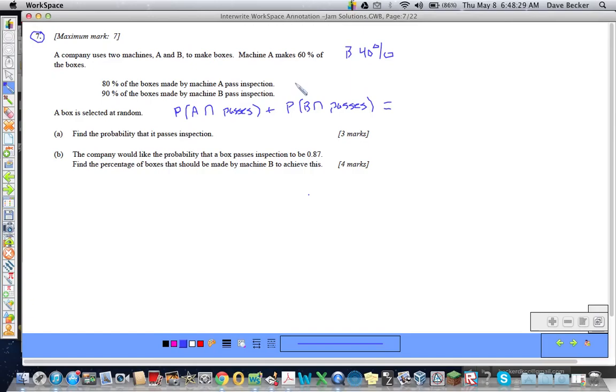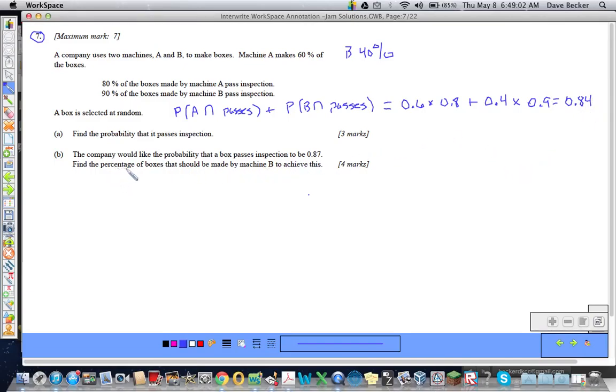A makes 60% of the boxes and 80% pass, so that would be 0.6 times 0.8, plus the probability of B, it makes 40% of the boxes, 0.4, times a 90% pass rate, 0.9. You crank that out. This is a paper 2. That would be 0.84. Bazinga!